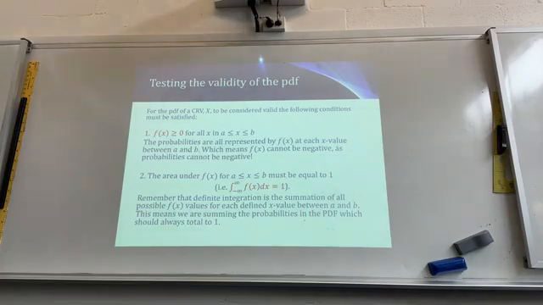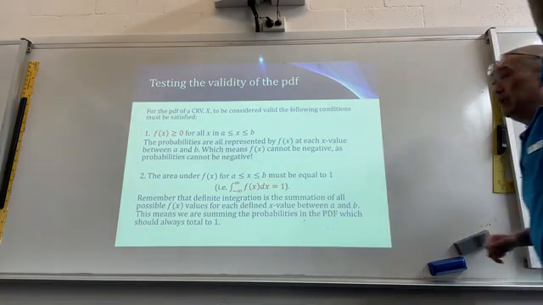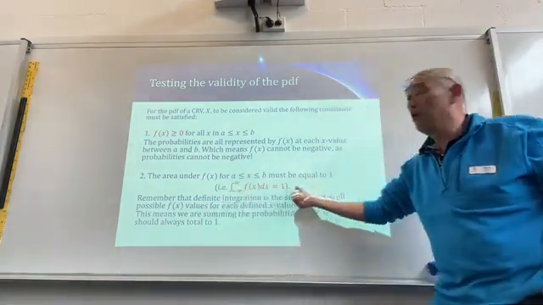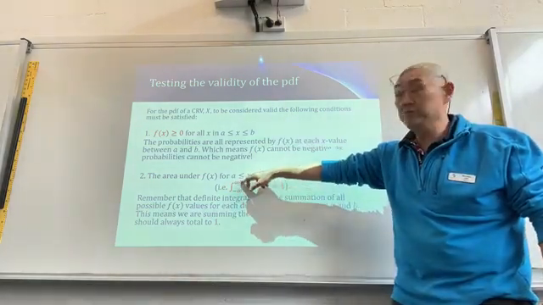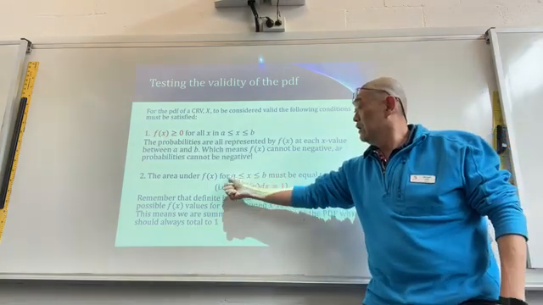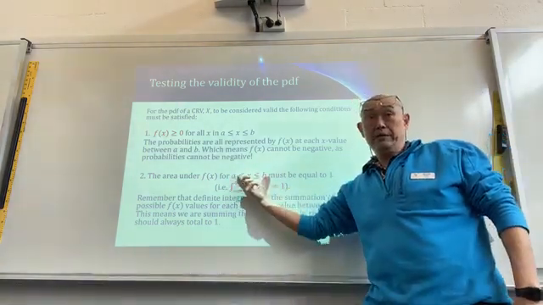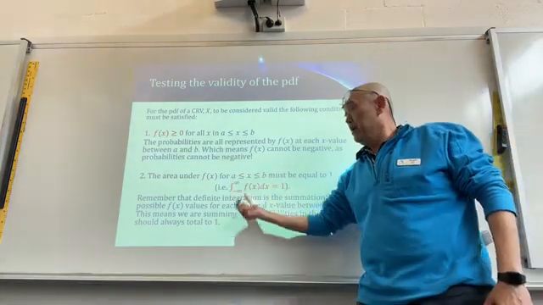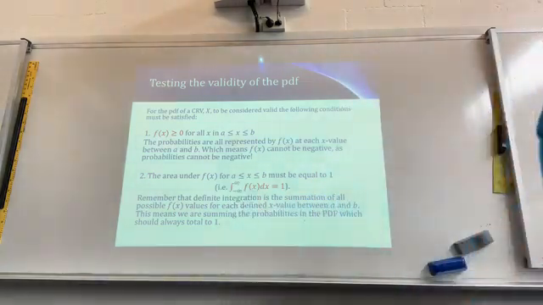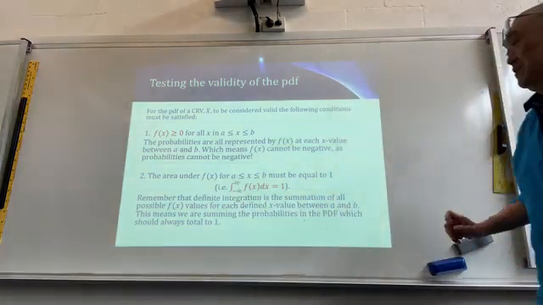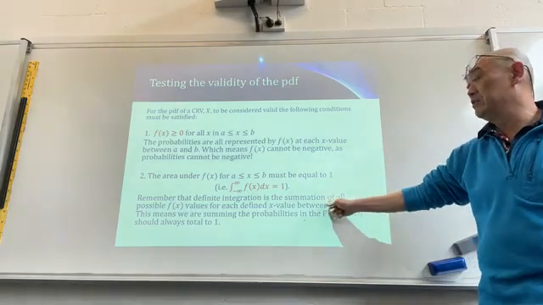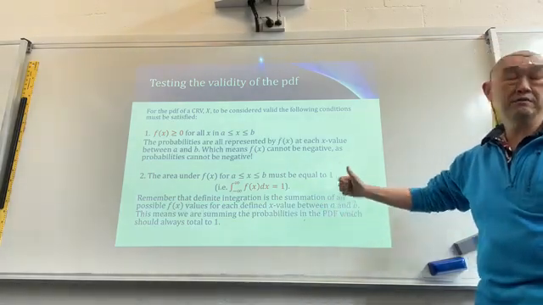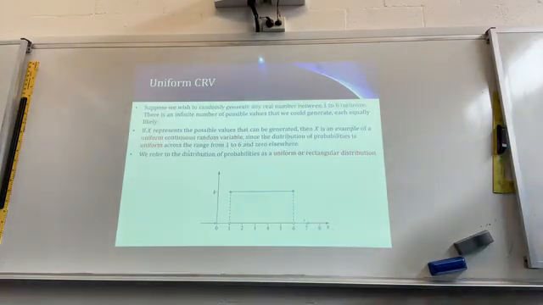So you have to think about either using the area formula or using integration. When I say minus infinity to plus infinity, it applies to these two limits there, unless it is E. E will go all the way across. Remember, definite integration is a summation of all possible values of f(x), so it's the area under the graph.